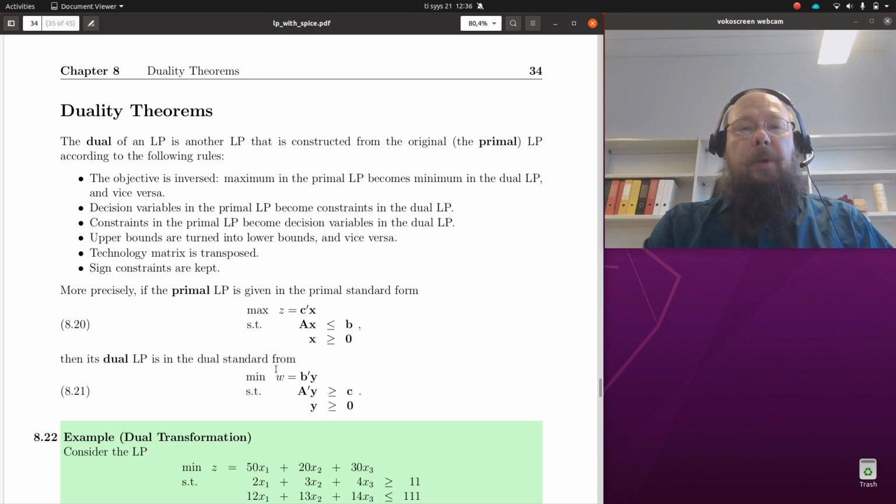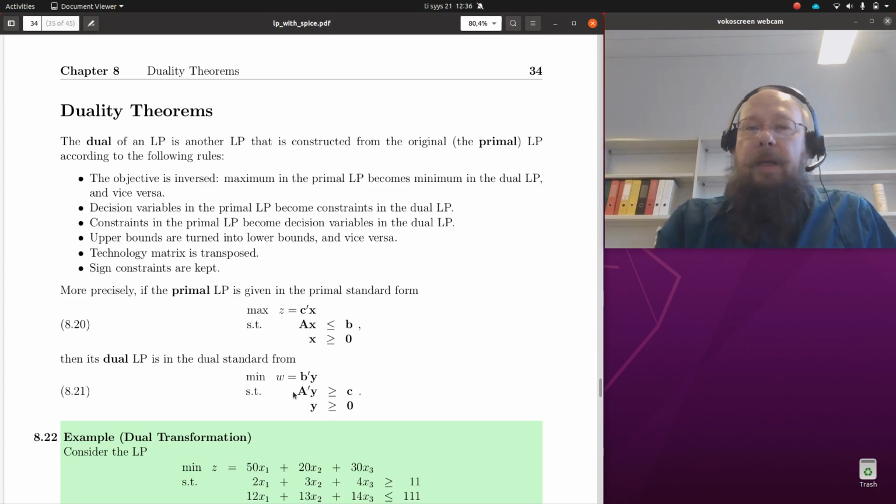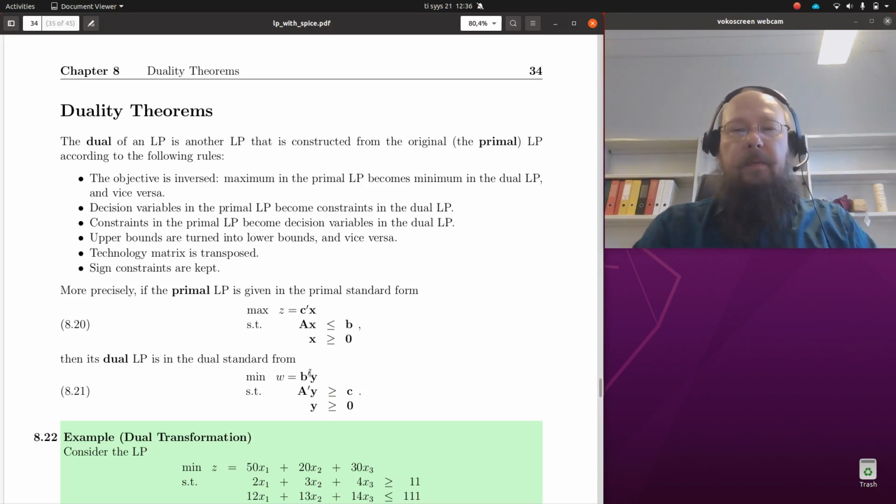What about the constraints then? Here we had Ax, here we have A transpose y. And here we had an upper bound, here we have a lower bound, but the lower bounds are not the b's. The b's here are the constraints, somehow related to decision variables. So instead we take this c here.